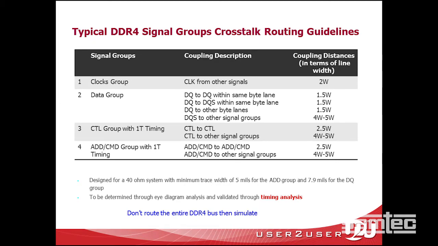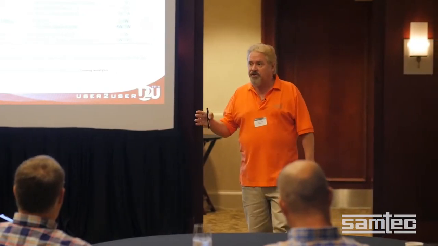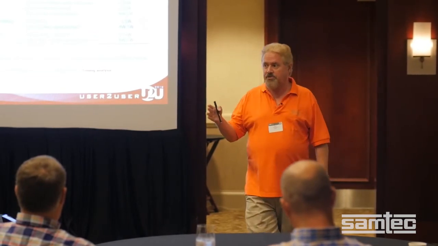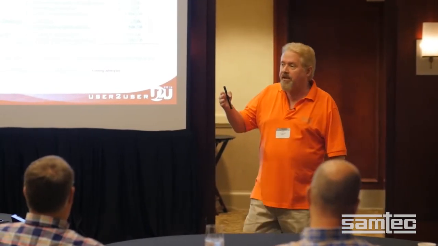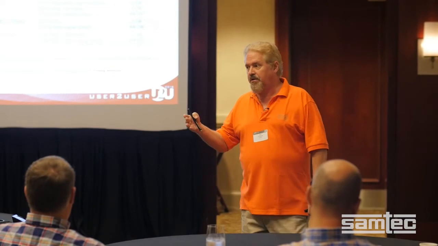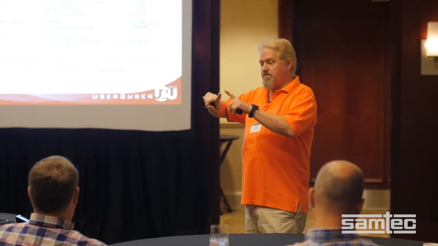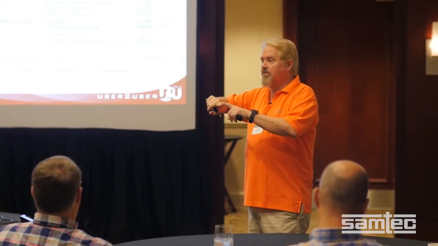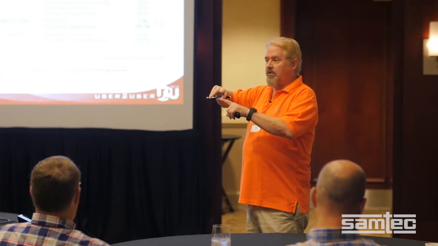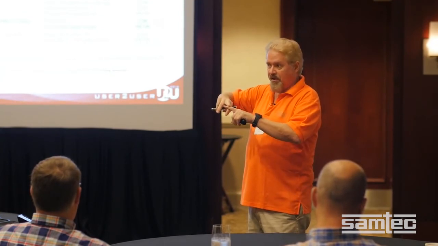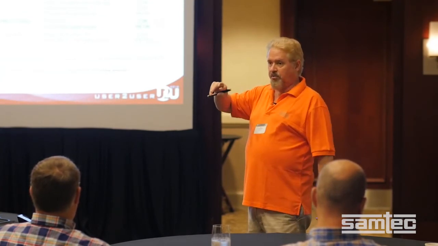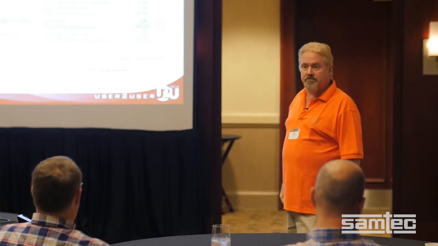Changes your timing. Crosstalk moves energy from one trace to another trace, which changes your timing, and then you won't make your timing budget. So, yes, you have a maximum crosstalk allowed in your system, but what else do you have? You have a maximum timing budget, and they're both related to the crosstalk itself.